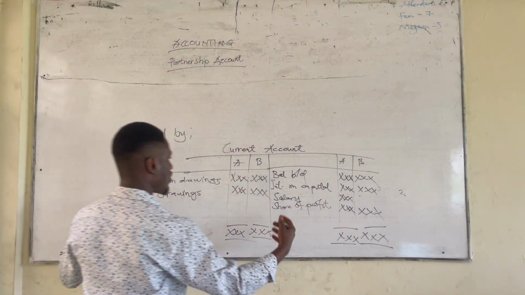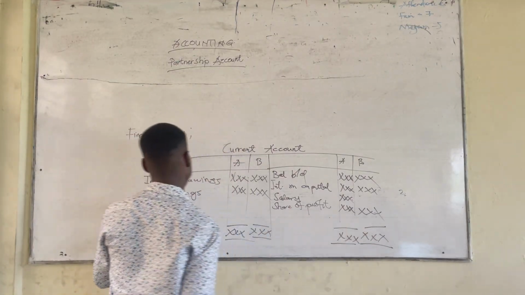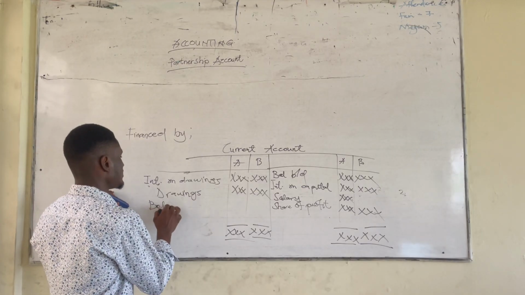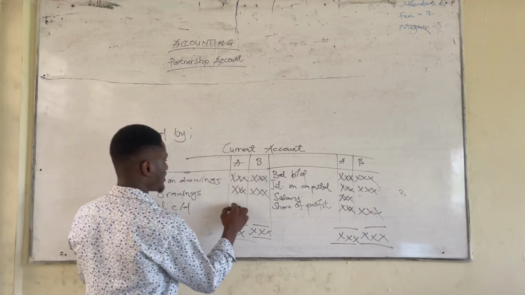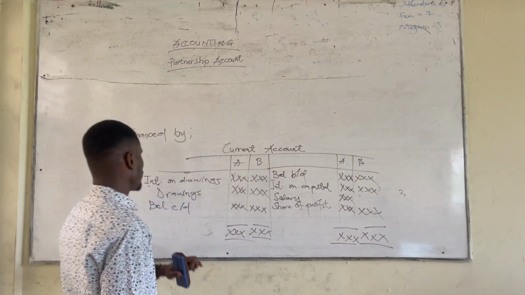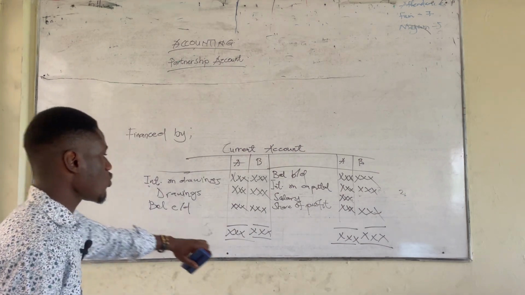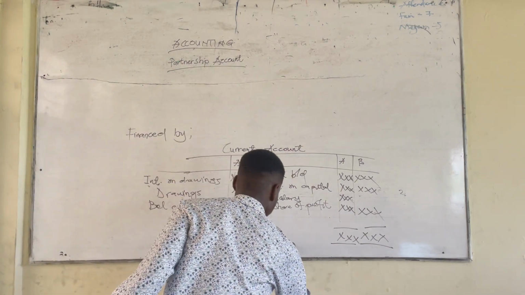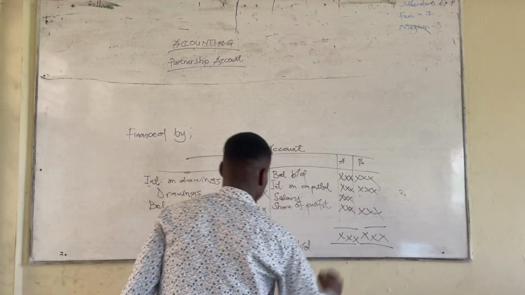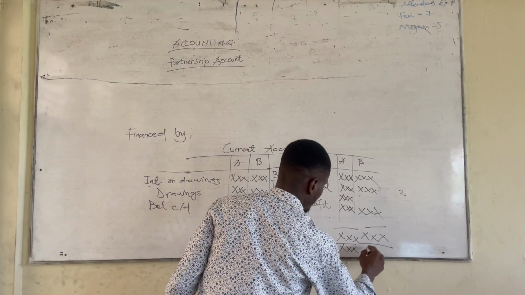Then we know that obviously if the credit side is bigger than the debit side, we will get our balance c/d at the debit side. Good. So this balance c/d will come here as balance b/d, balance brought down.